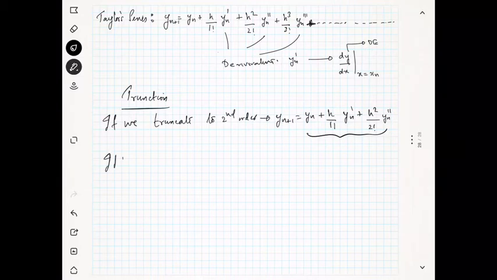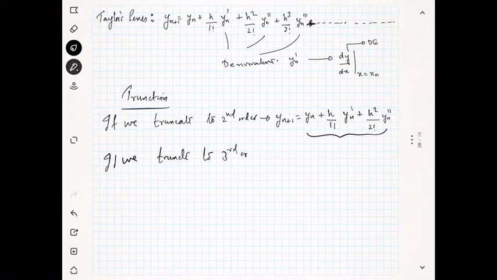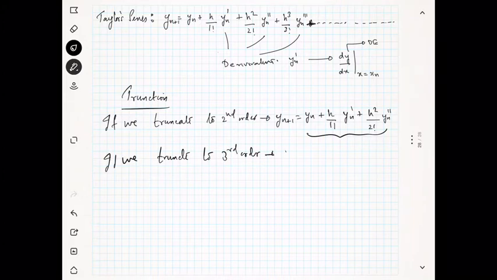Suppose we truncate to the third order, we will not use all other values. If we don't use the other values, definitely we will get an error, but sometimes this error will be very negligible. We cannot include all the terms because it is a series with an infinite number of terms.